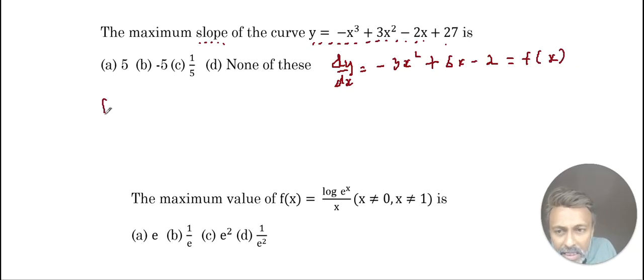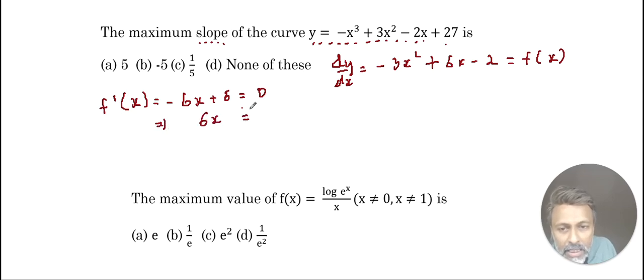So let's take the first derivative. First derivative is minus 6x plus 6. We are differentiating this, and we equate this derivative to 0, which gives us 6x is equal to 6. Therefore x is equal to 1. There is no need to take second derivative as it's a MCQ.